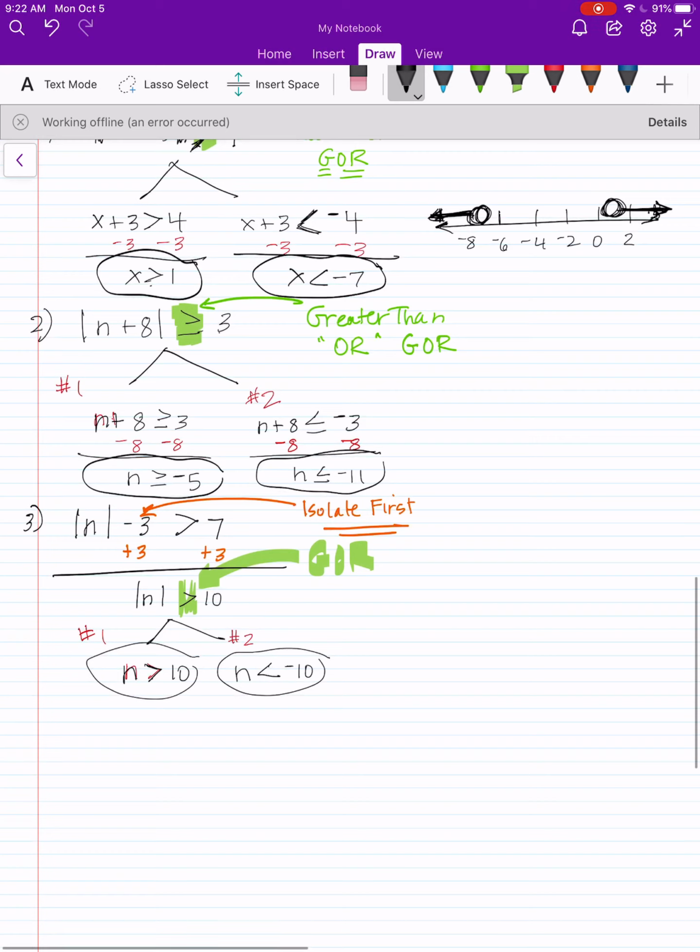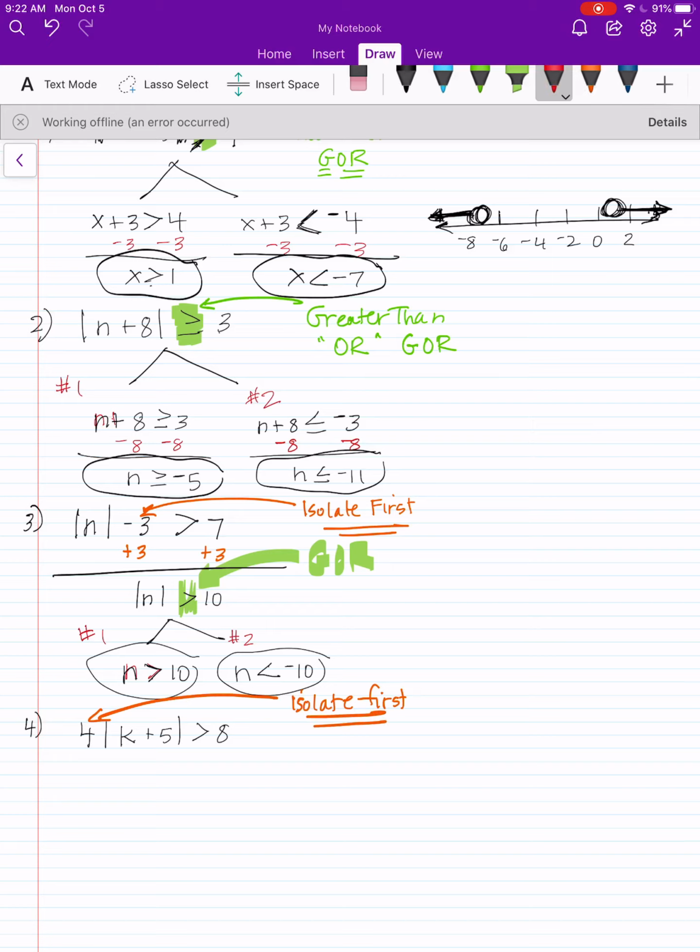Okay, so then let's look at number 4. Number 4 would be 4 times the absolute value of k plus 5 is greater than 8. So once again, I need to isolate first. That absolute value has to be all by itself before I can do anything with it.